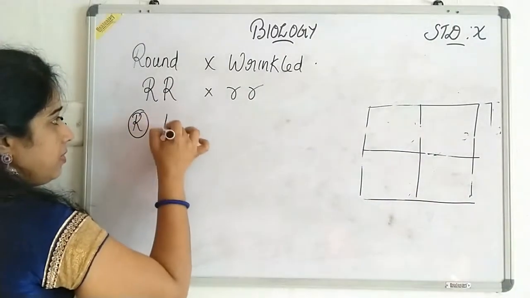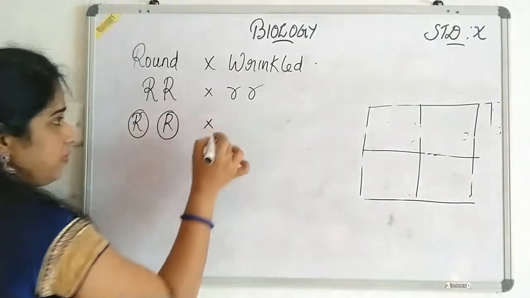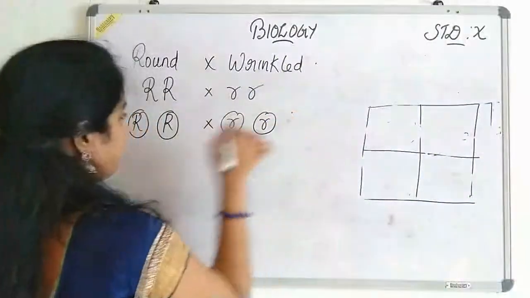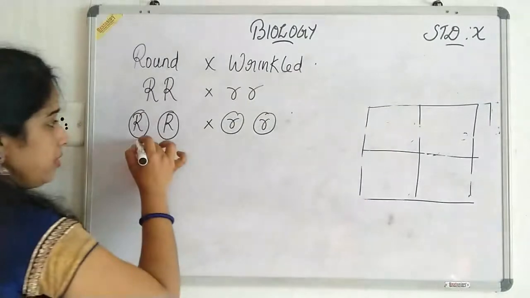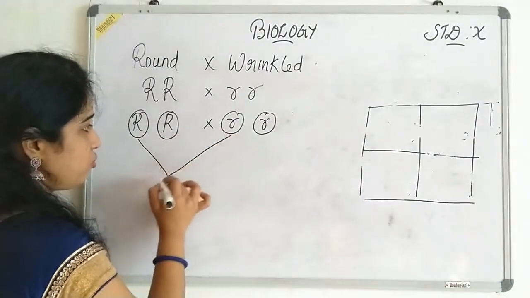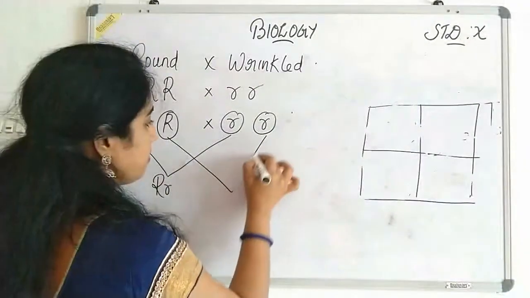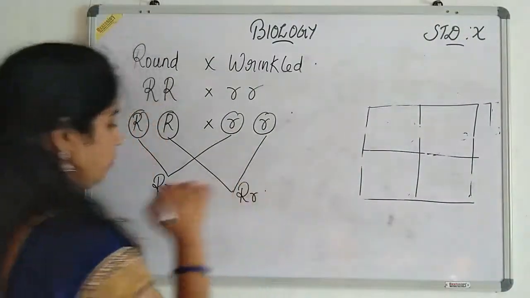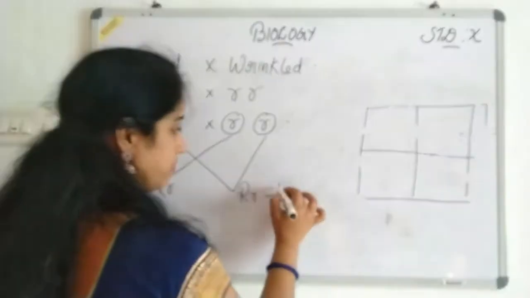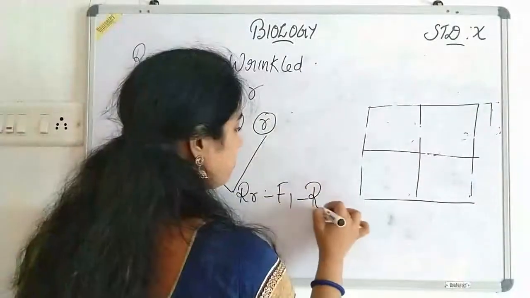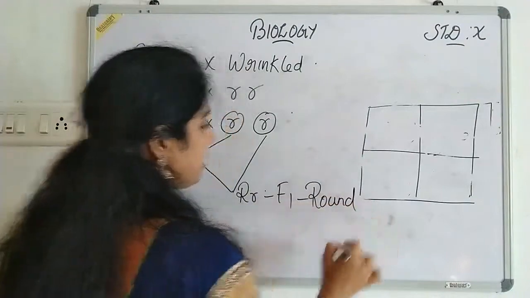Capital R, smaller r. Then combine these two: capital R, smaller r. This is which generation? F1 generation.